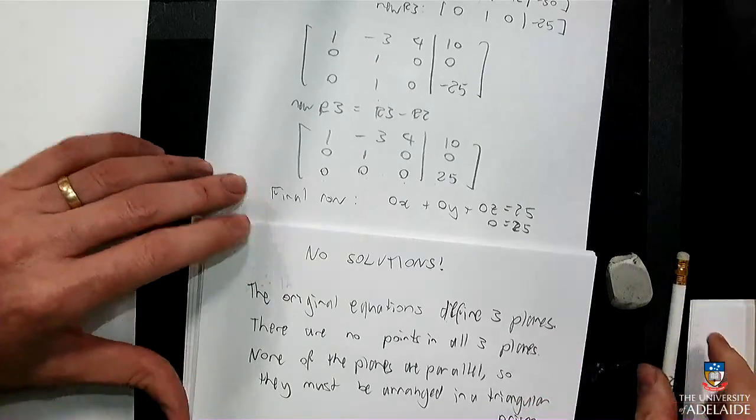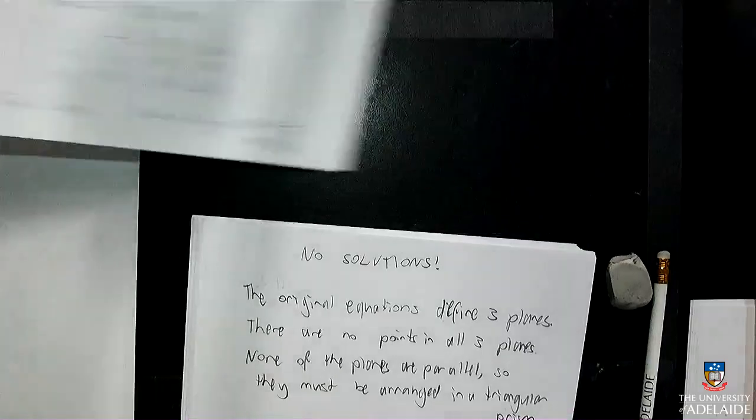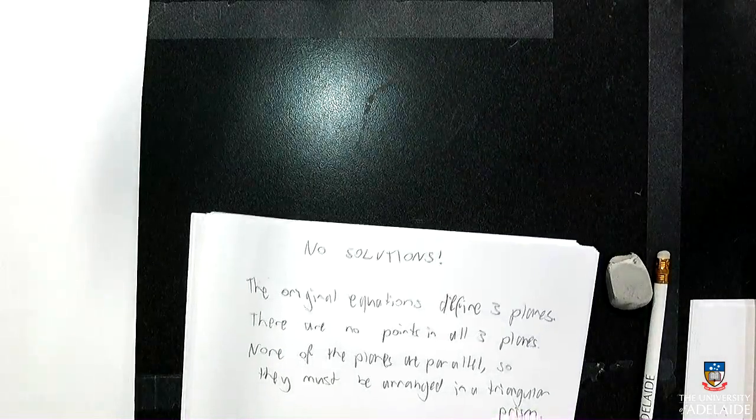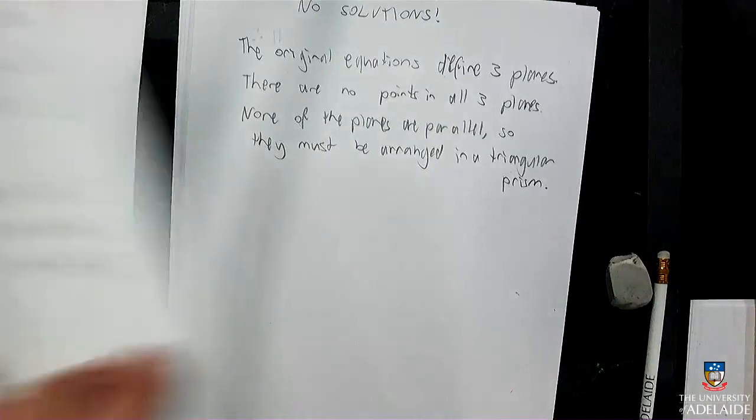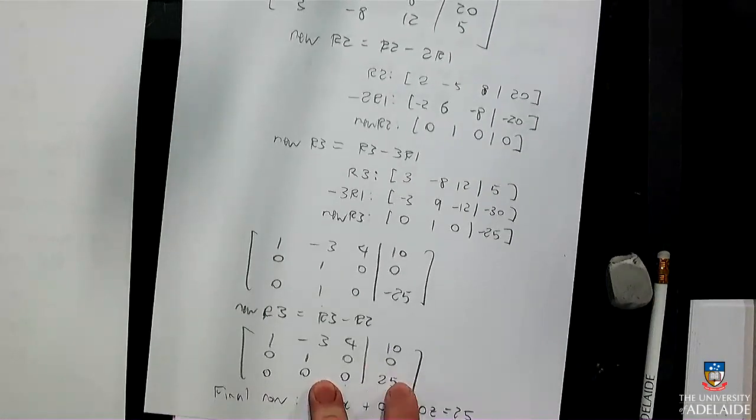Because that's the only way for three planes to be arranged in 3D space and not be parallel but still have no points in common. Okay? So I was able to stop at the moment I got a thing where there was no solutions.